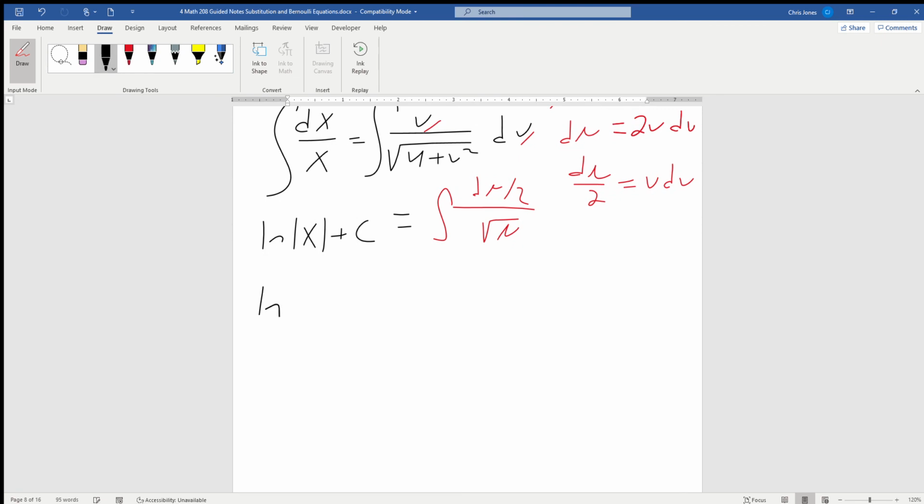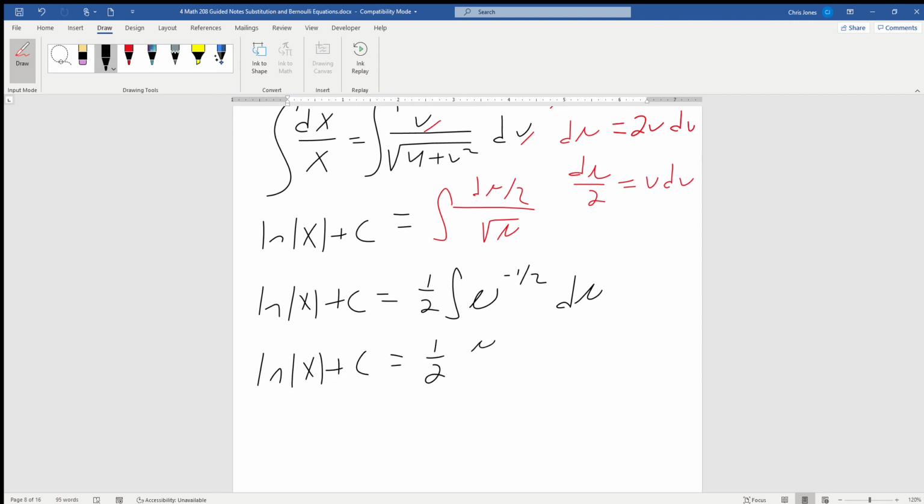We still have this ln of x plus c. I'm going to factor out the 1/2, and I'm going to rewrite this radical as u to the minus 1/2. And we still have our du. ln absolute x plus c is going to be equal to 1/2 u to the positive 1/2 over 1/2.